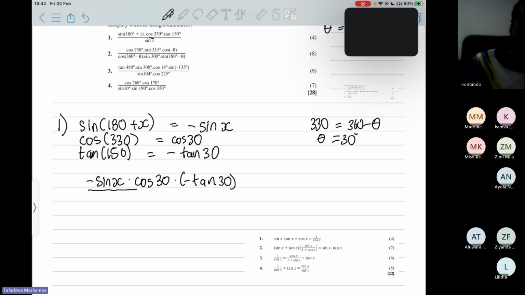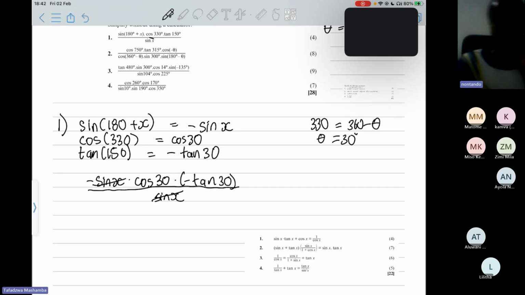And then all of those are divided by sine x. Can you see from here, we can basically cancel these out now, because these are the same. This is now in a very favorable position, because we can find what cos 30 is, and we can also find what tan 30 is.